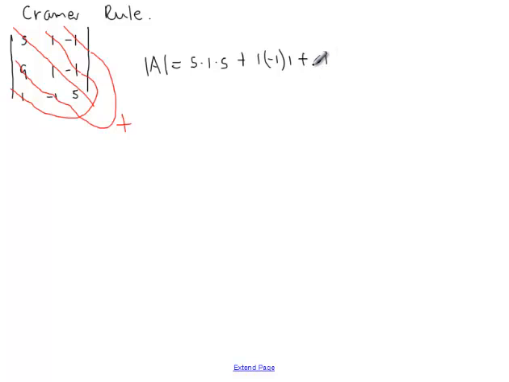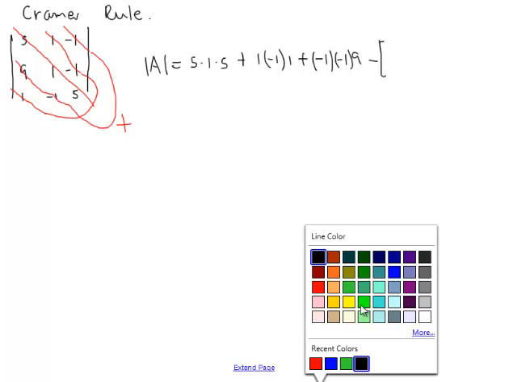Never leave this thing as clumsy as this. By 9 minus, then I can put a big bracket here just to avoid that. Now I'm taking the other diagonal now and its parallels.